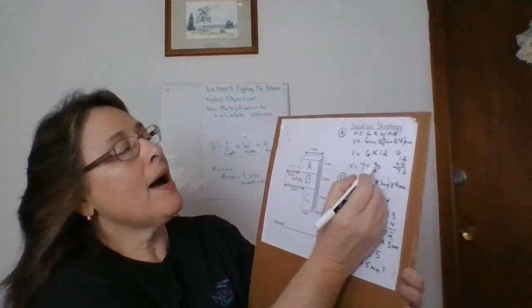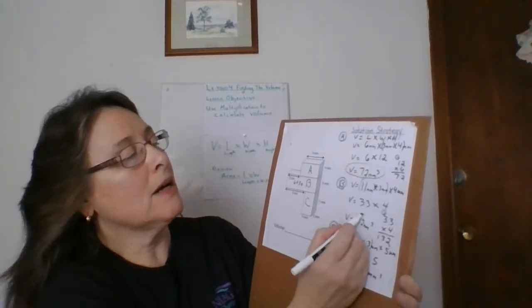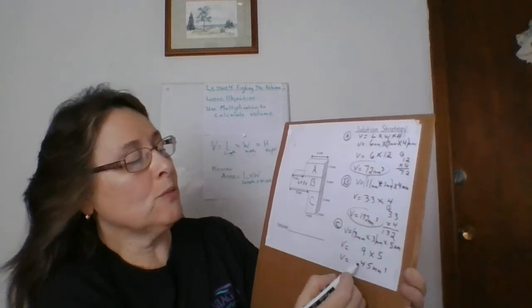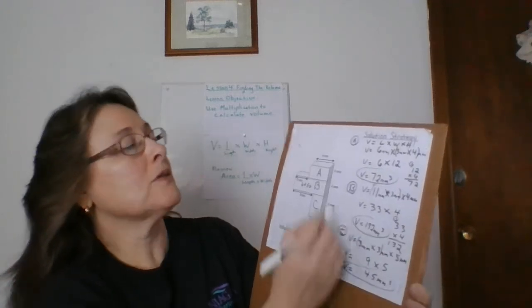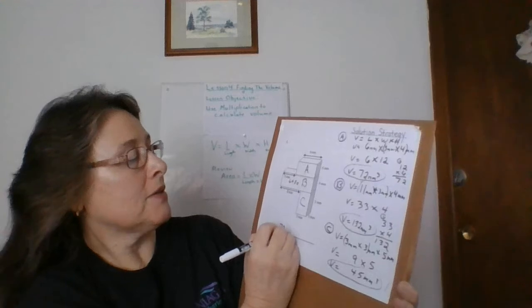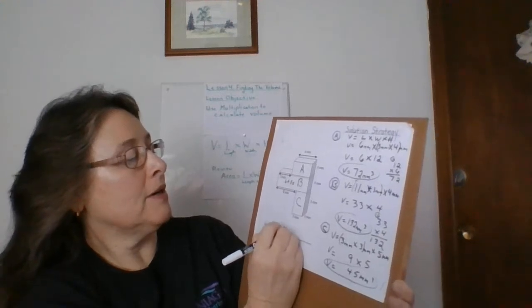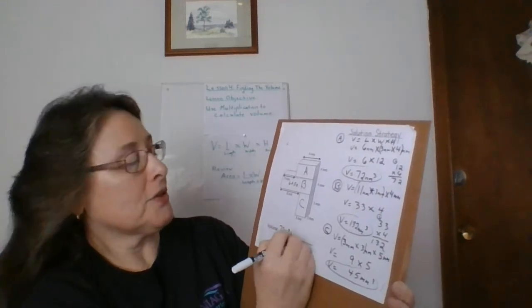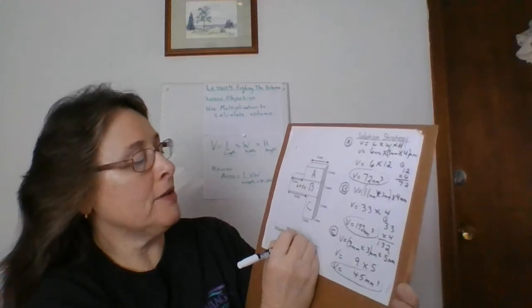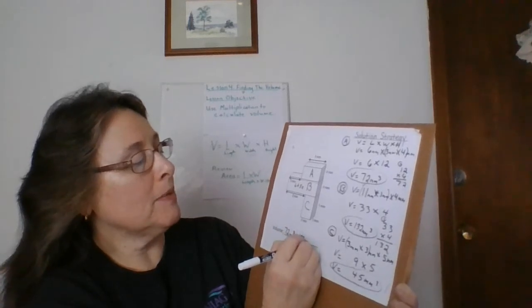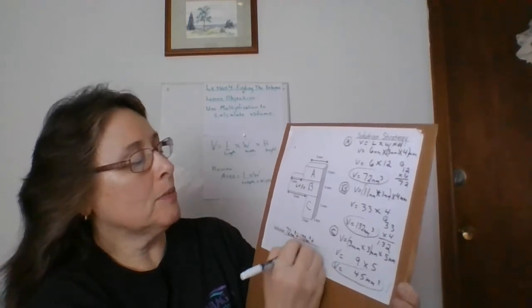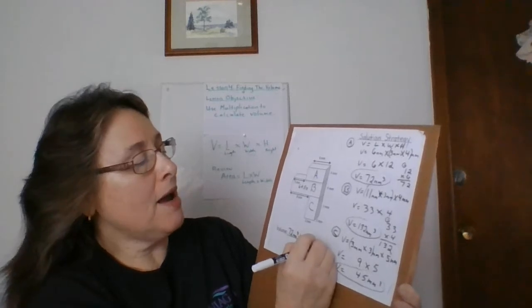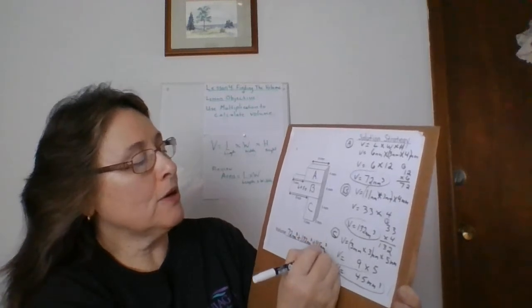So I have my 3 volumes for my boxes. I have 72 millimeters cubed plus 132 millimeters cubed plus 45 millimeters cubed.